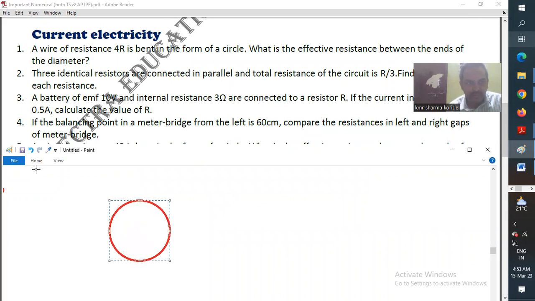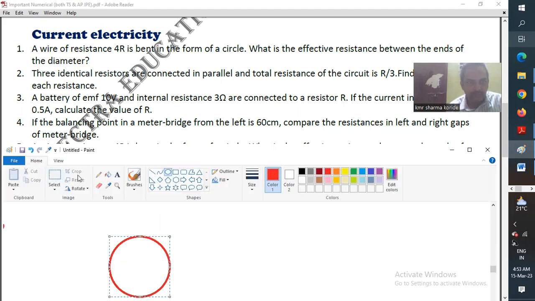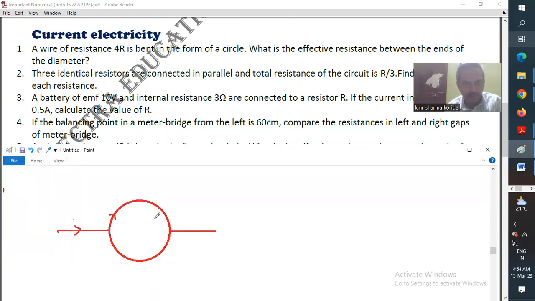4R is the total resistance before you bend. Here current enters and current splits. So this will be 2R. This will also be 2R.